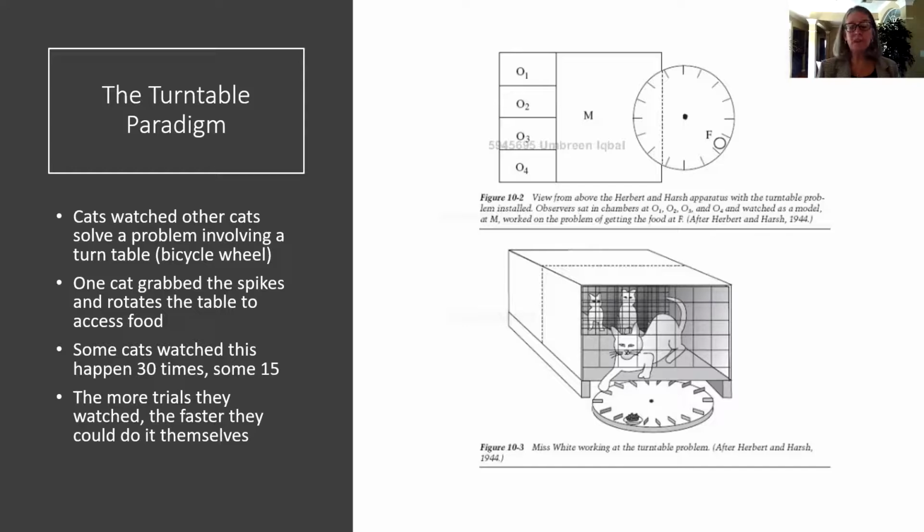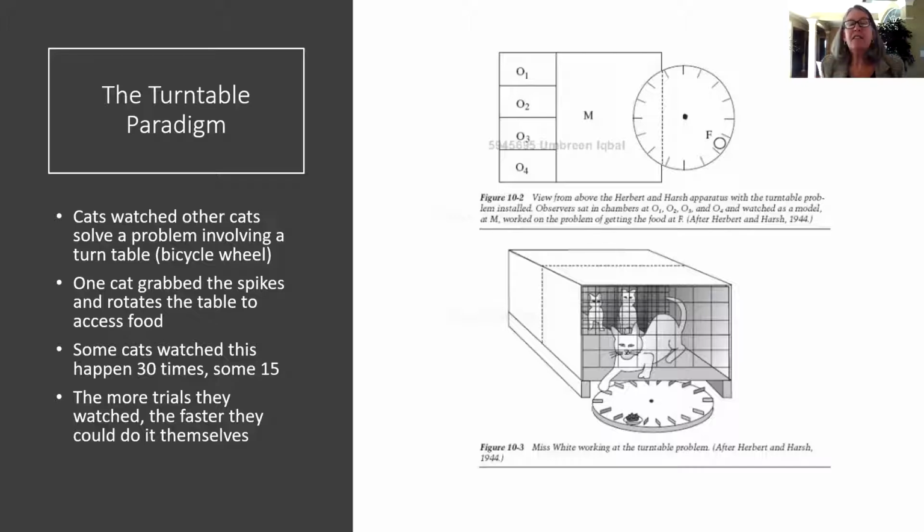This is just one example where cats were supposed to try to solve a problem where there's a turntable, a bicycle wheel, and a raisin or some piece of food was put on the turntable. But in order to get to the food, the cat needed to attach to the spokes on the wheel and move the wheel, turn the wheel toward themselves until the food was there, and then they could grab the food.